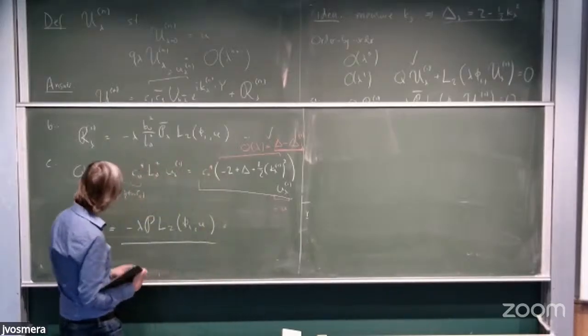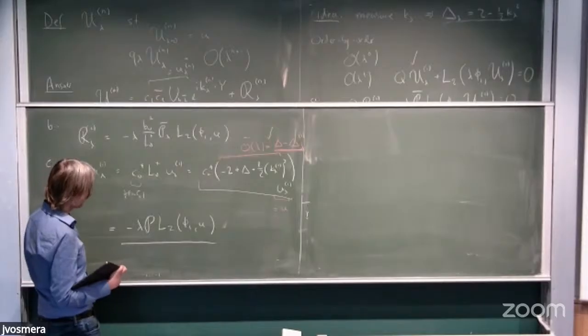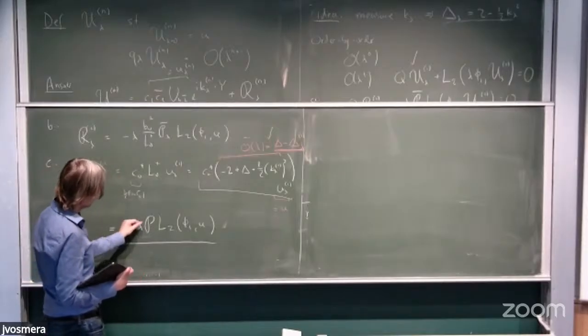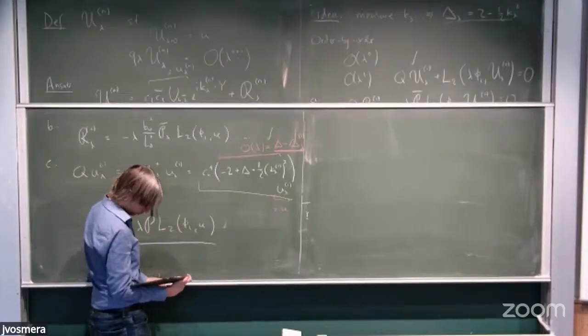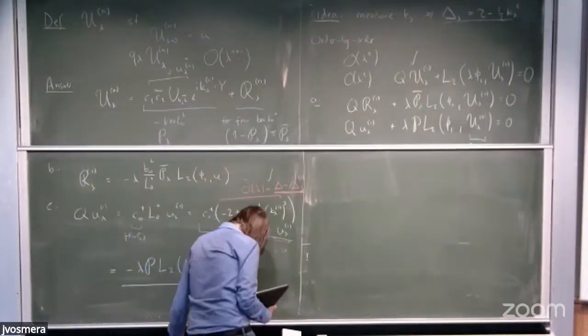And then on the right-hand side, you will get the BPZ inner product of U against L2 phi 1, 1. So let me just write out the final result.